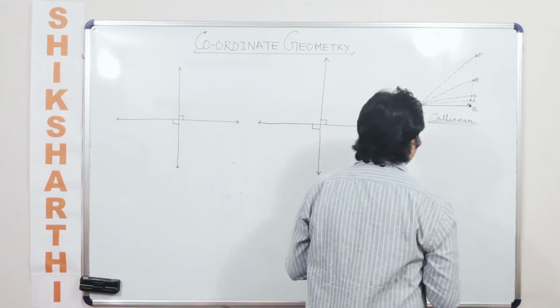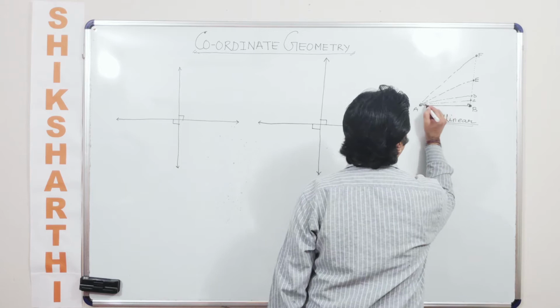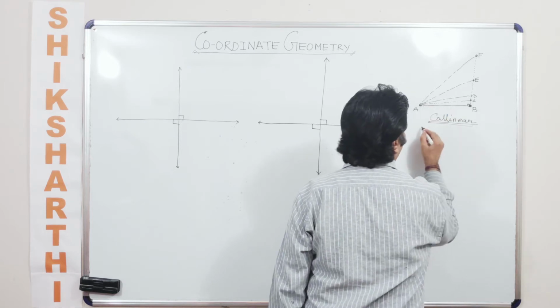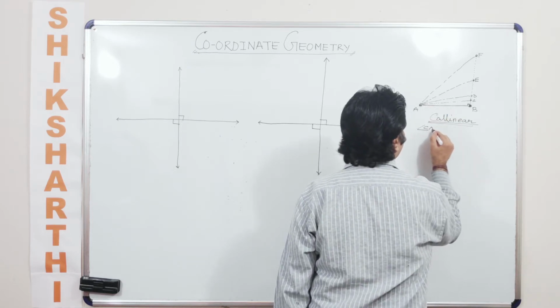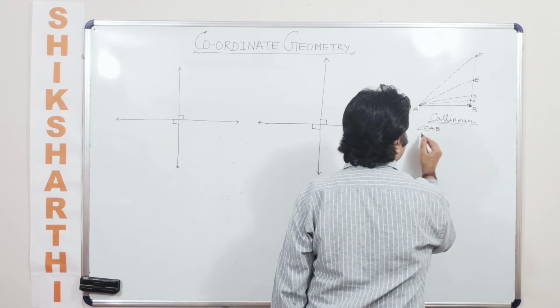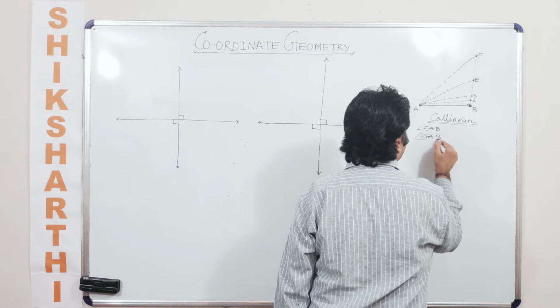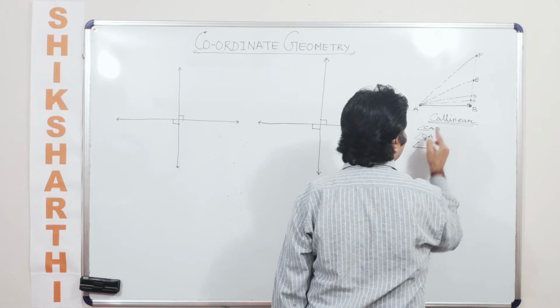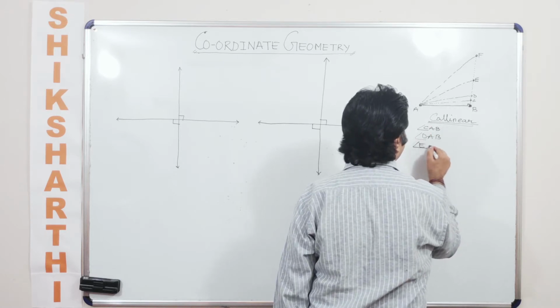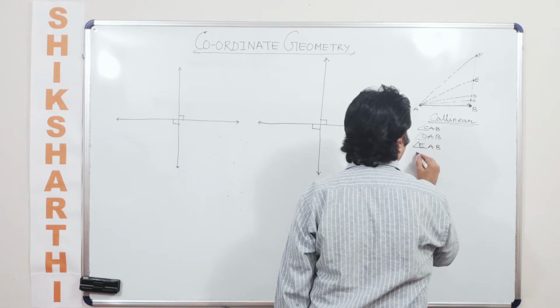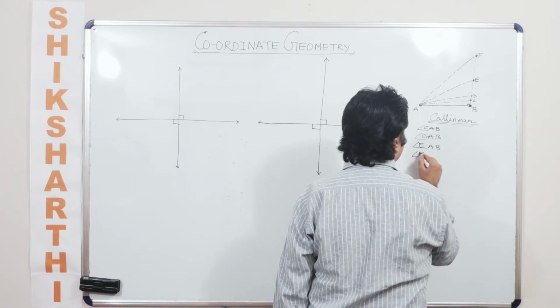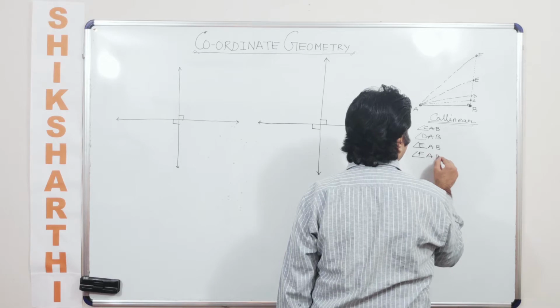Once we have done this, you would see the angles. If I talk about the angle CAB, then I can talk about the angle DAB, then the angle EAB, and last but not least, angle FAB.